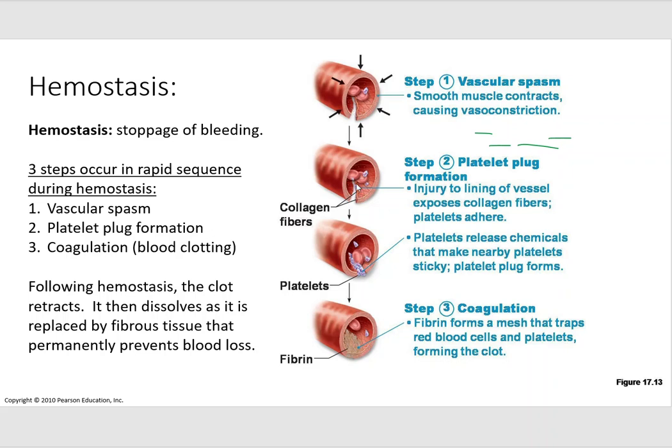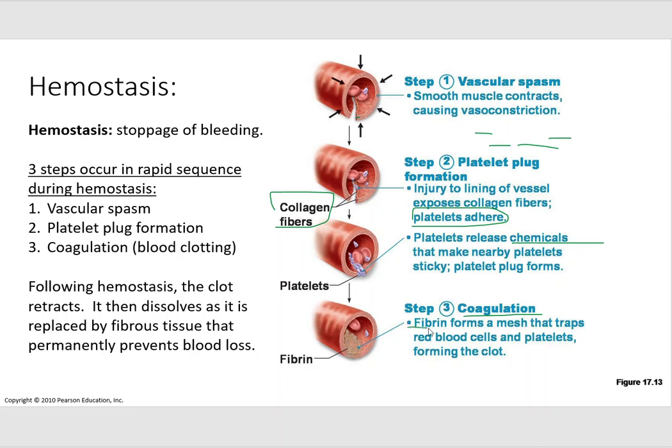Now, once the collagen that's inside these layers underneath the epithelial cells is exposed, it's going to cause the platelets to stick to it. Those platelets that stick are going to release some of those chemicals we talked about, making the platelets that float around them sticky, and they're all going to stick together and finally form a plug.